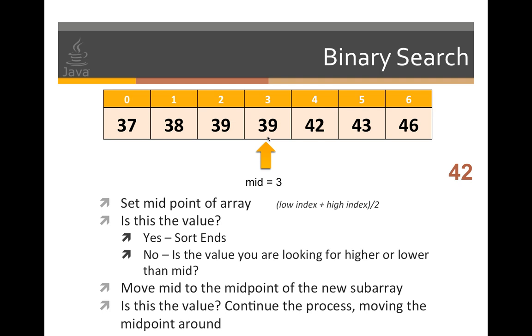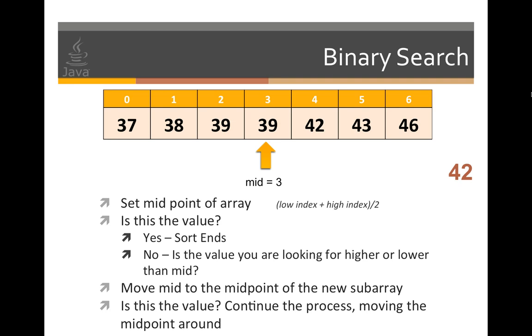What we're trying to do is eliminate immediately half of the elements in the array. Because if I know that element number 3 in this example is not the value I'm looking for, then what's the point of searching anything lower than it? We don't need to. We can totally scrap the entire left or right side of the array.